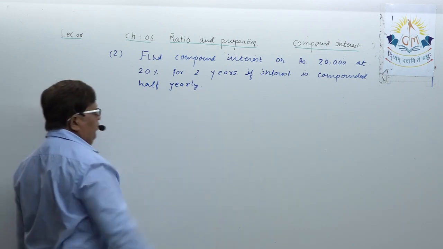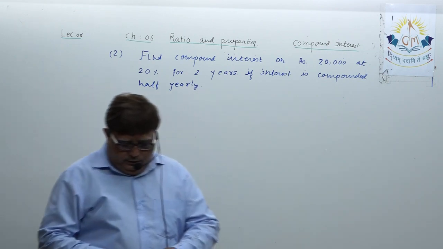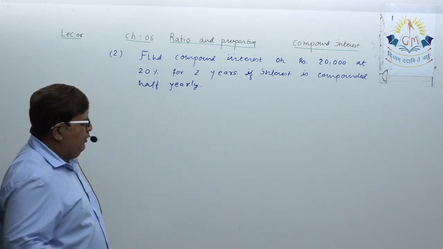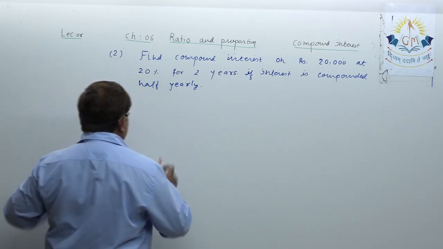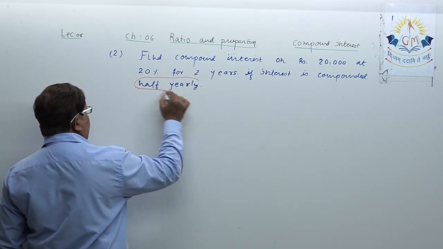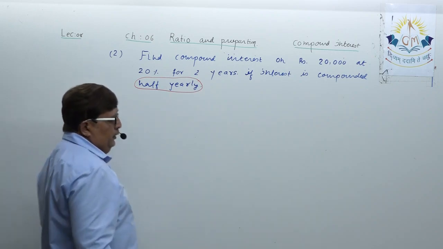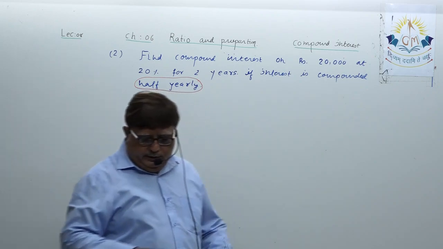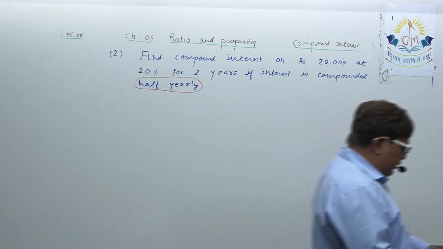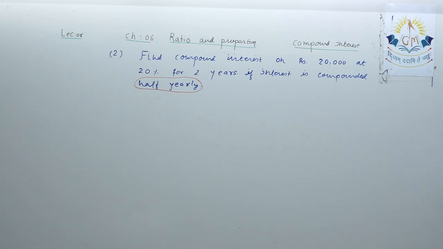First, dear student, do one thing, note down the given data, and this is the word of concern for us. You need to concentrate on this particular word, that is, interest is to be counted half yearly.